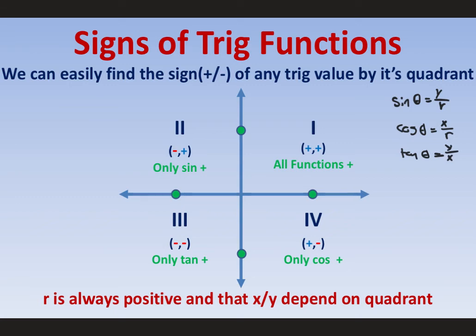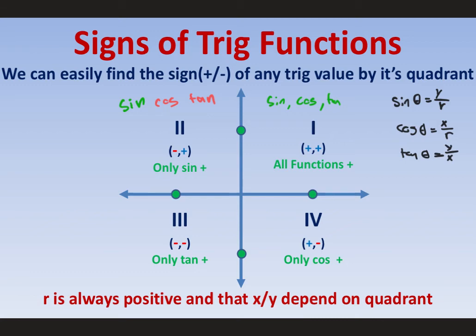So here's how it works. In quadrant 1, everything is positive. And so sine is positive, any sine angle is positive, cosine is positive, and tangent is positive. Everything is positive. Okay, in quadrant 2, only sine is positive. Everything else, cosine and tangent, are negative.